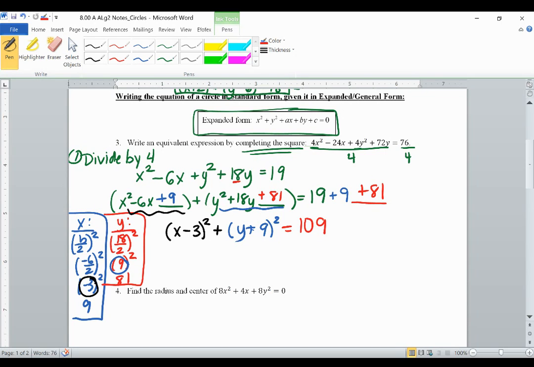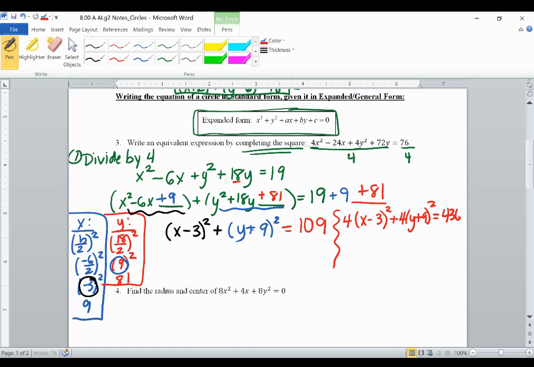Now, just a reminder, this was on a Regents question as well, and they didn't divide by 4 for one of the choices and left it all multiplied. So if I were to write another equivalent expression, I don't want to confuse you, but just so you're aware, since this was on a Regents, if I multiply this whole thing by 4, I have to multiply everything by 4, including that 109.